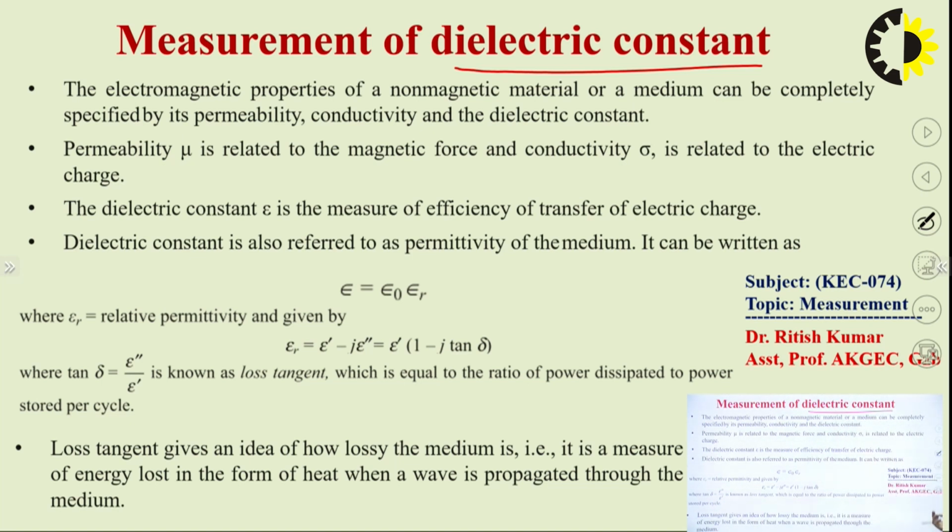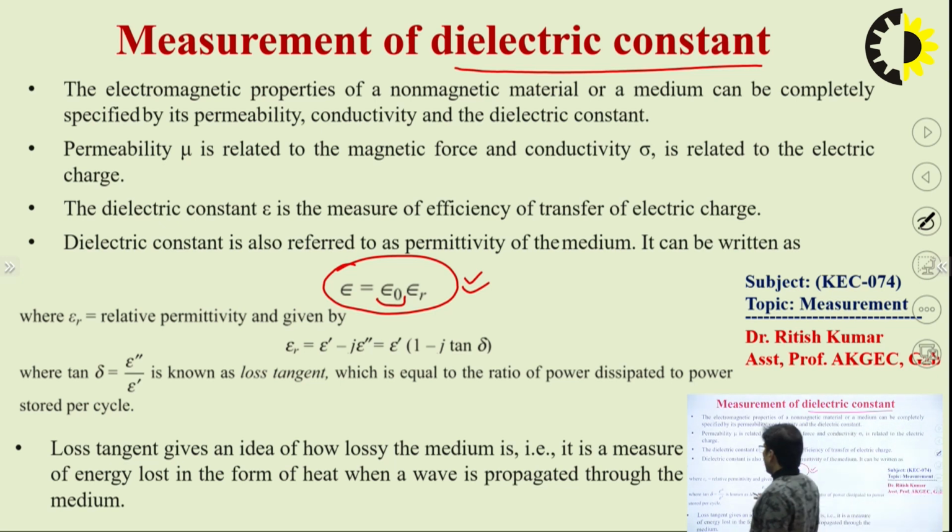We already know what permittivity is: epsilon naught and epsilon r. We all know the equation, where epsilon r is the relative permittivity and epsilon naught is the permittivity of free space, or of air as well.